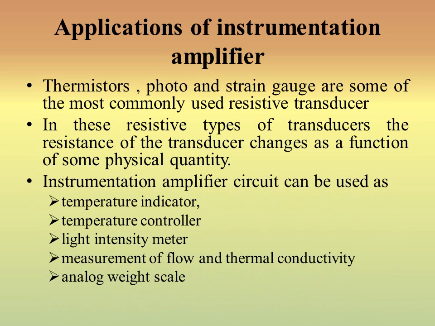Now the applications where the instrumentation amplifier circuit can be used are as a temperature indicator, temperature controller. It can be used in a light intensity meter. It can be used for measurement of flow and thermal conductivity, and in an analog weight scale.